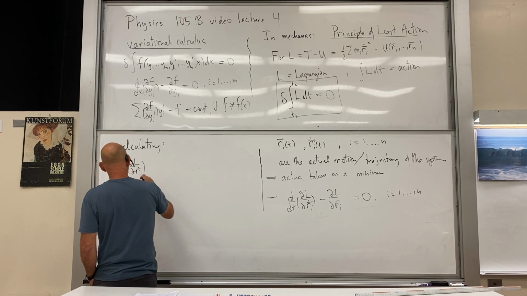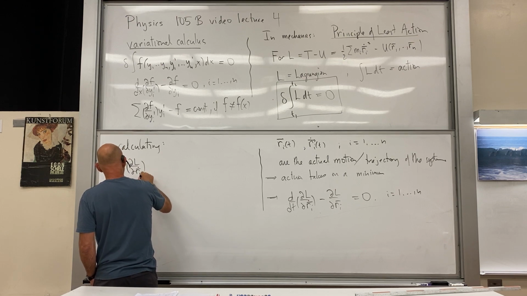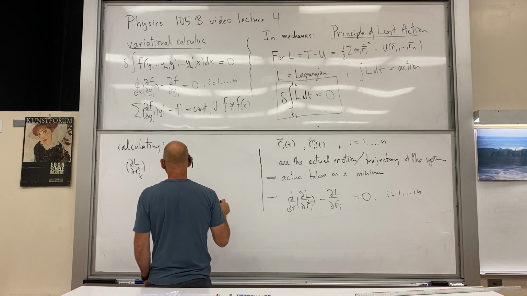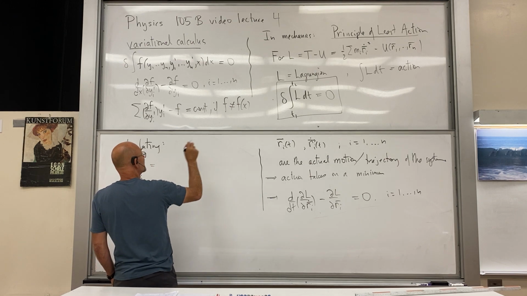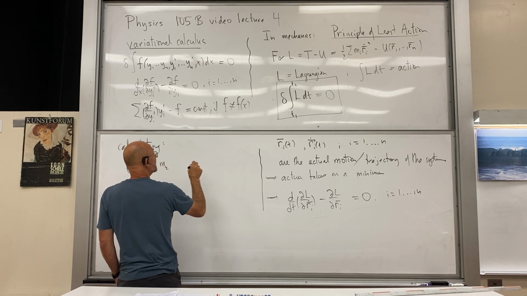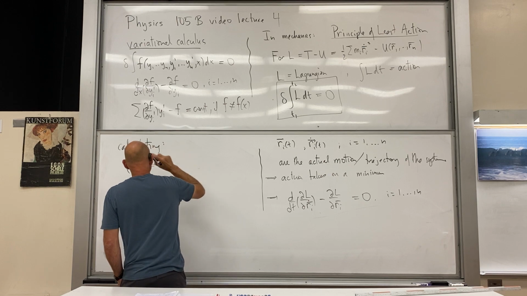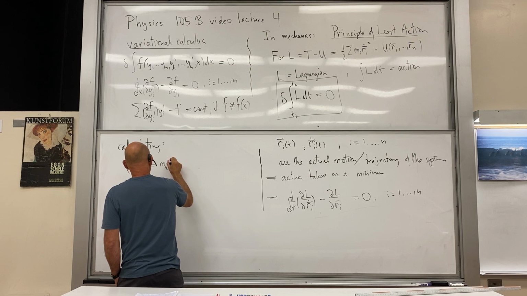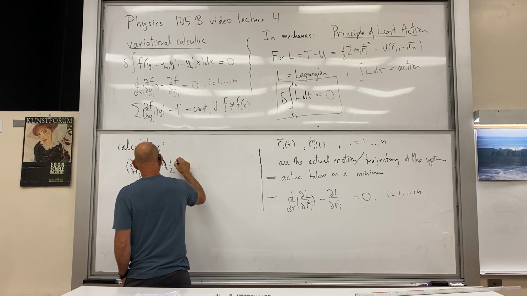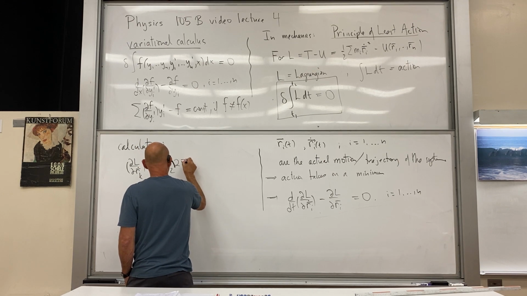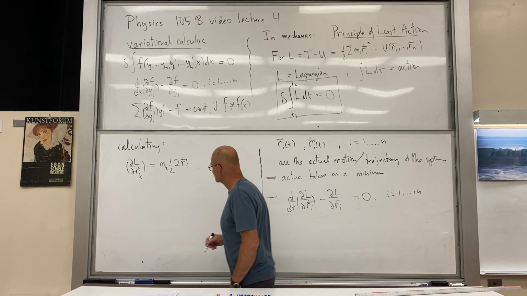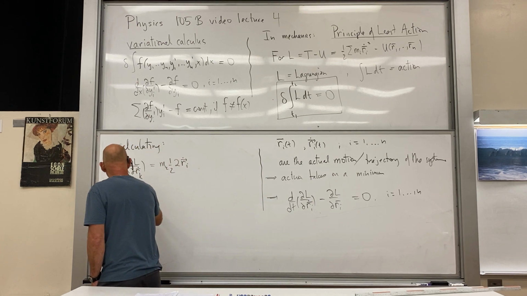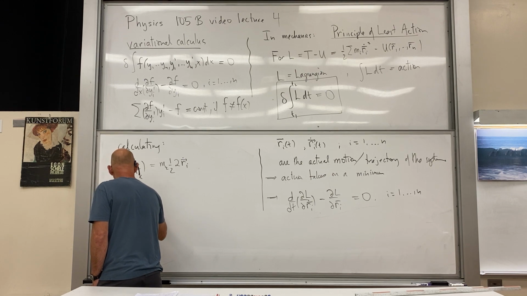Well, let's use a different subscript, since we have i in the sum, we have to use k. That's going to be m sub k, and then we've got the 1/2 from the 1/2 there, and then the 2, r sub k dot. And then we have the partial of L with respect to r sub k.